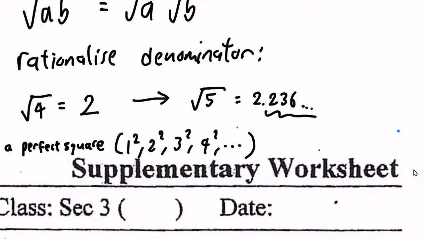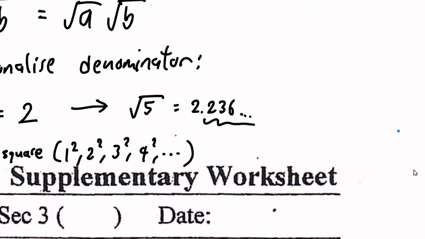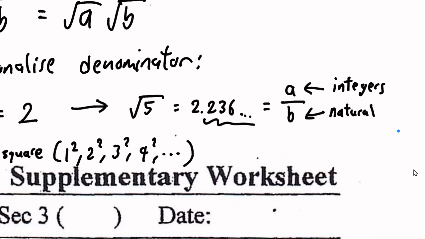You cannot actually express it as a fraction, at least not a finite fraction. You can have continued fractions, but that's another topic for another day. This cannot be expressed as a fraction a over b, where a and b are integers, or more specifically, integers over natural numbers. If you cannot rewrite it as a fraction, it means it is what we call an irrational number.